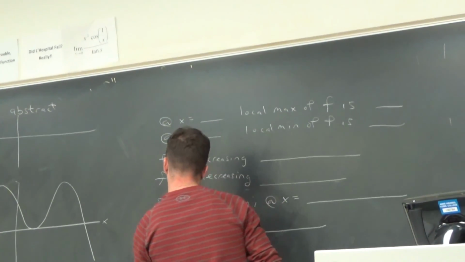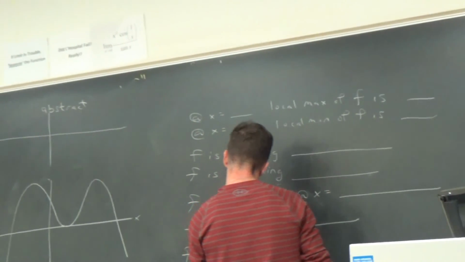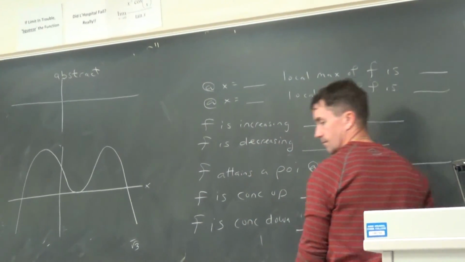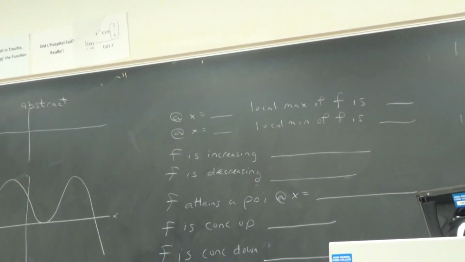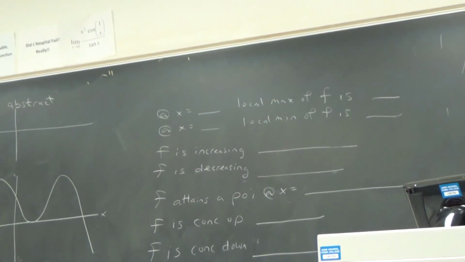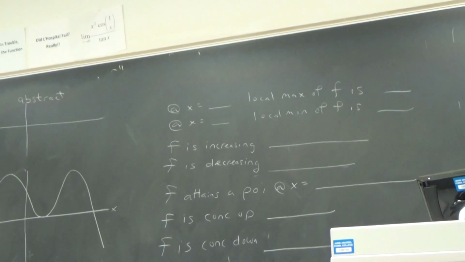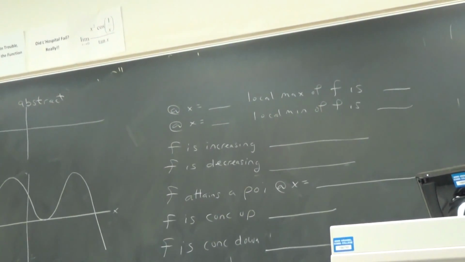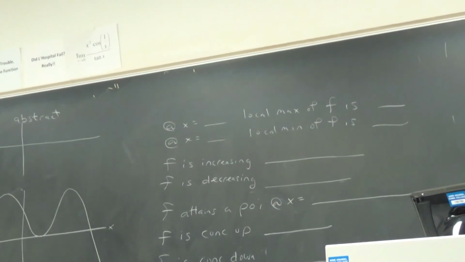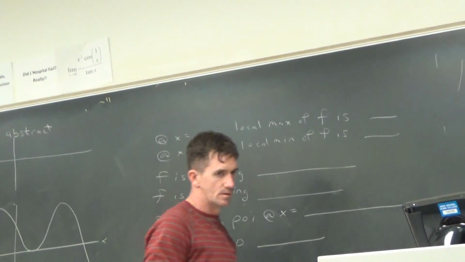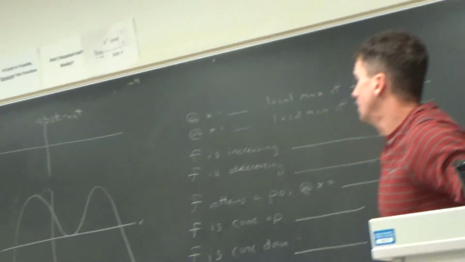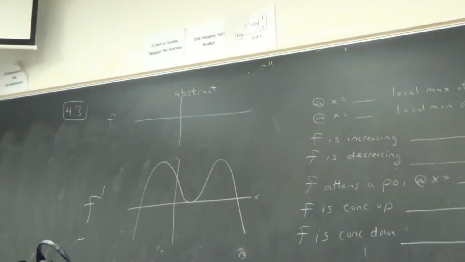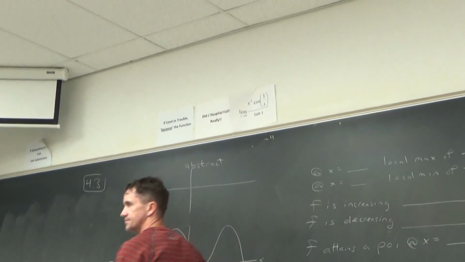F is concave down. Let's have some fun. All right. The first thing is max and min.